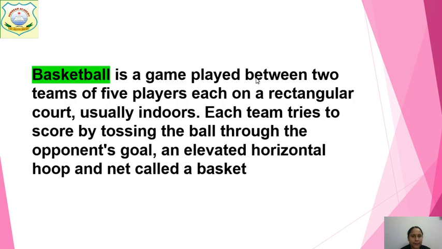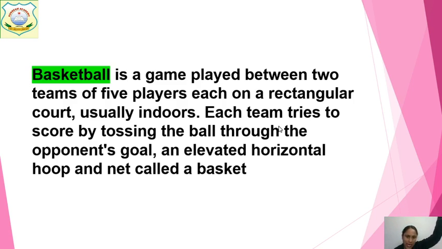Basketball is a game played between two teams of 5 players each on a rectangular court, usually indoors. So basically basketball is played inside. Each team tries to score by tossing the ball through the opponent's goal. For this a basket is required. एक basket होती है, that is at an elevated end.